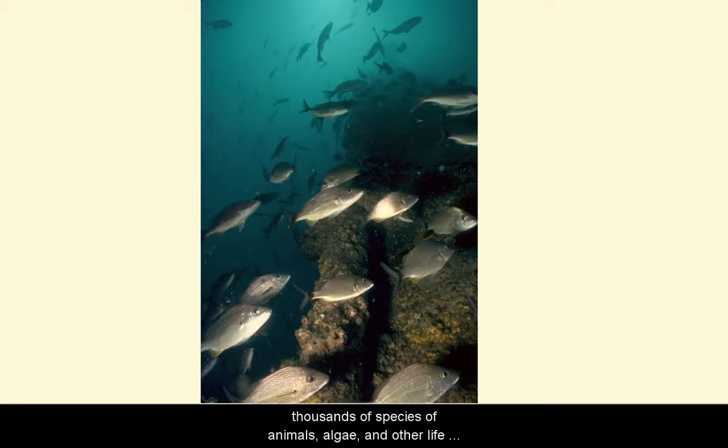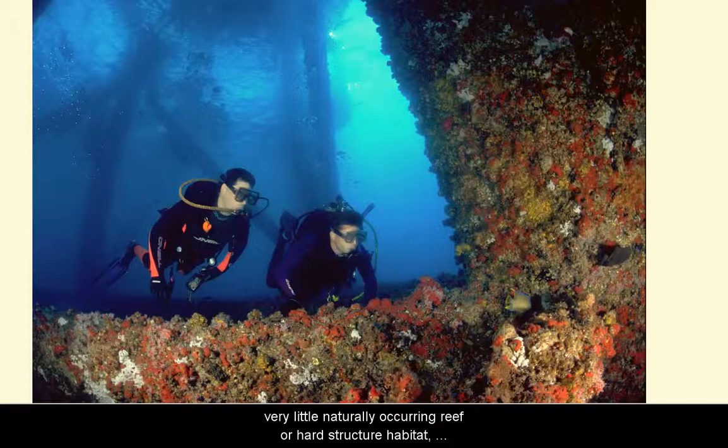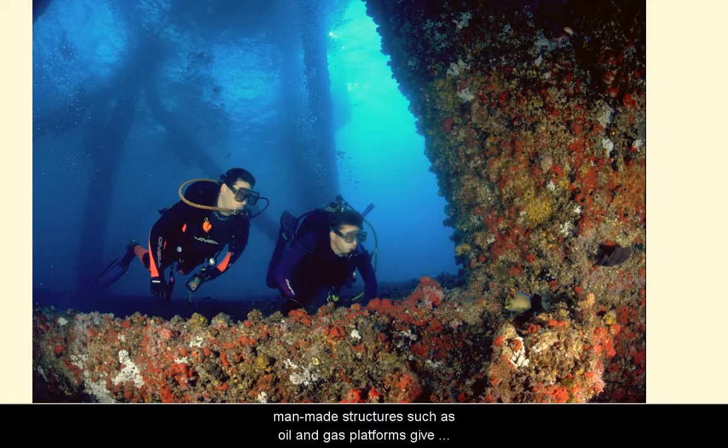The Gulf of Mexico contains thousands of species of animals, algae, and other life that need hard surfaces to cling to in order to complete their life cycles. Since the Gulf has very little naturally occurring reef or hard structure habitat, these man-made structures, such as the oil and gas platforms, give invertebrates such as corals, sponges, polychaetes, mollusks, echinoderms, and other animals the hard surface they need to grow and survive.